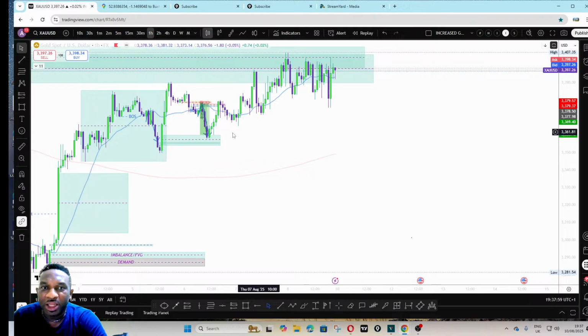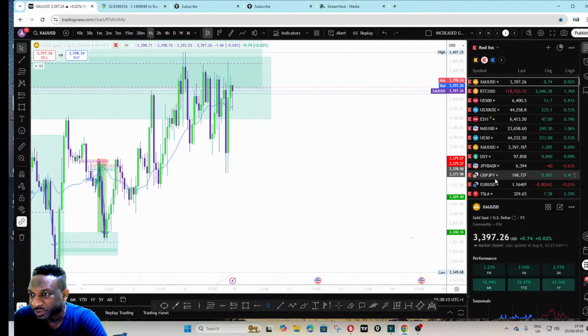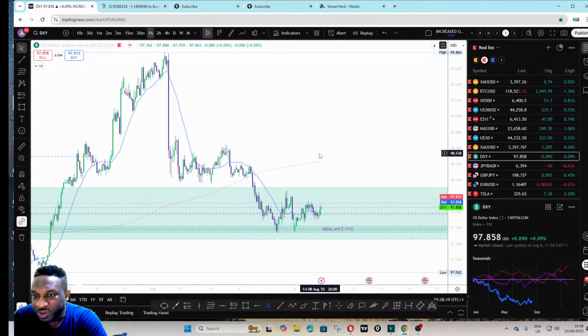Currently this is gold USD. As we had a look at what the dollar index, the DXY, is doing, our expectation is for the DXY to push up. If we have another look at it, this is the DXY, and what we anticipate happening is if we have a push up from here, this could be the first target here.